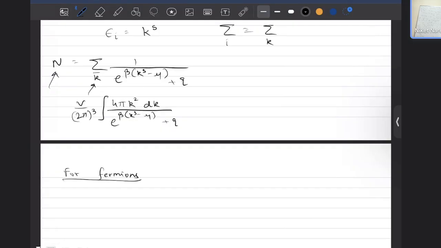So for fermions, we have n is equal to V by 2 pi the whole cube integral 4 pi. Let's take the 4 pi outside. We don't want to keep it inside. 4 pi, k square dk divided by e power beta k^s minus mu plus q.